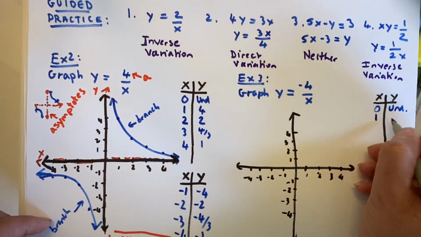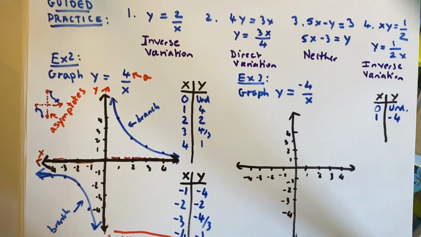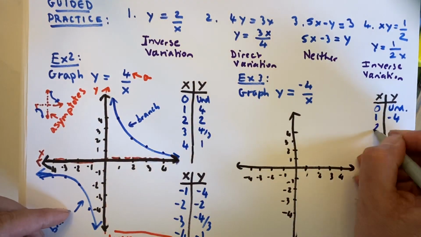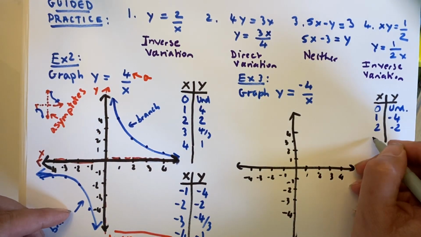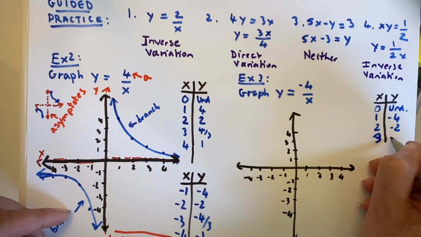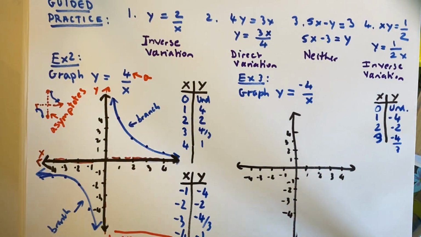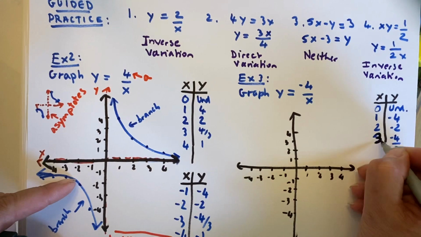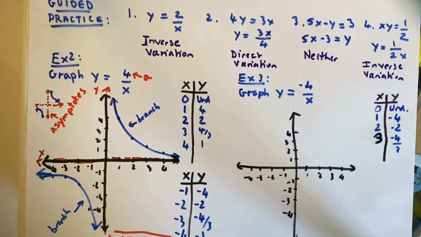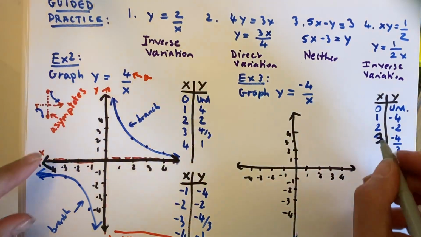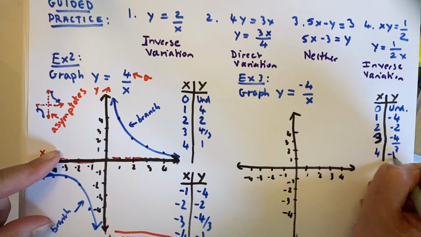If x is 1, I get -4. If x is 2, I get -2. X is 3, I get -4/3. Sorry for the messiness there. Let me just put it in black, it might be clearer. And then if x is 4, I'm going to get -1.